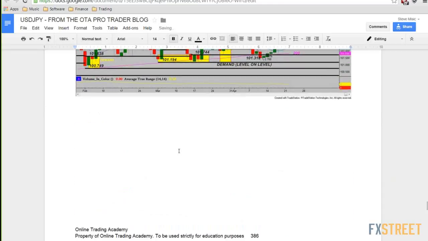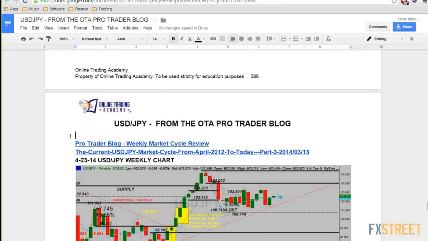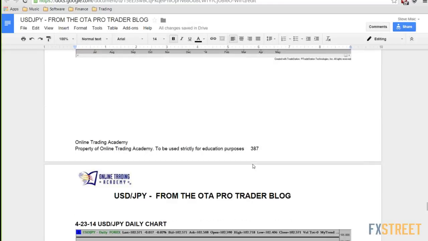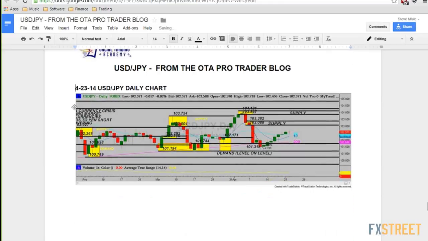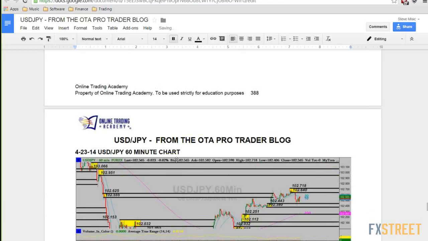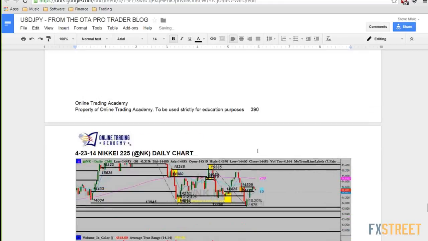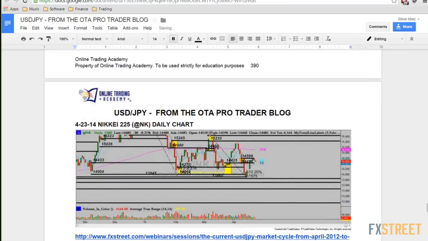And as we get to 4/23, we see that the rallies have slowed. The candles are getting smaller on both markets. And the Nikkei is actually very close to that weekly supply level. Nikkei is almost through the daily demand level, but it's having a hard time.